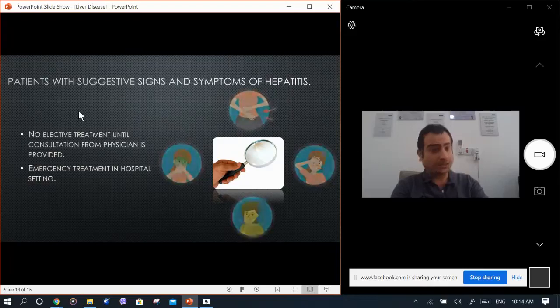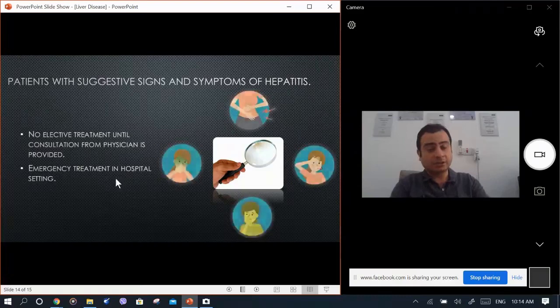If we suspect any patient having hepatitis or they demonstrate those features, we need to refer them to the supervisor or their physician for examination, and maybe he will send them for investigation. And then we need an answer from the physician whether or not those patients can have the dental treatment.